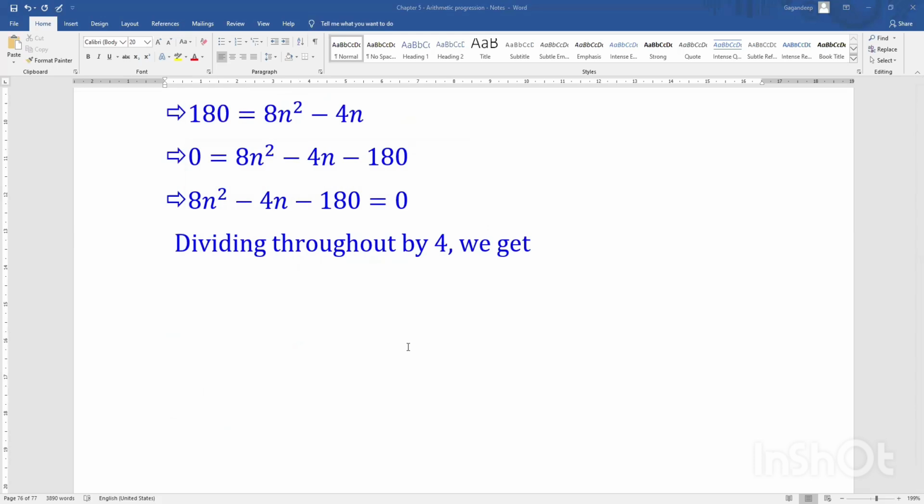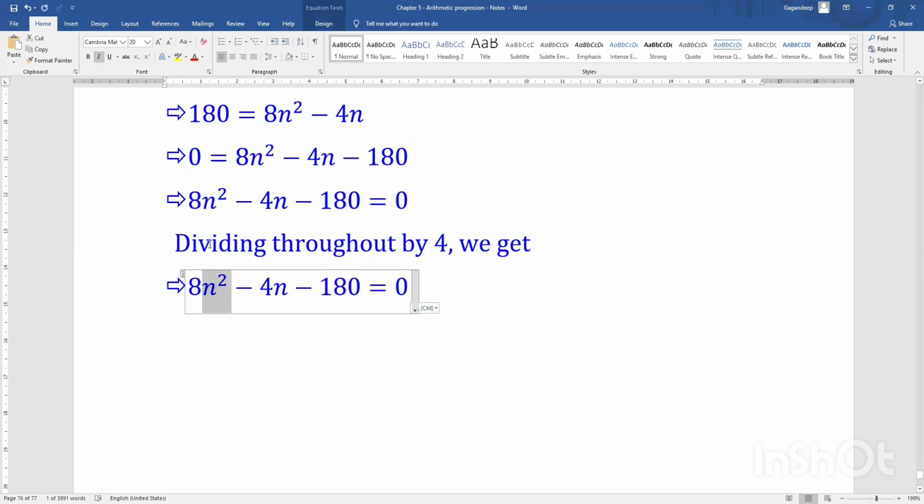So now let me show you how it is done. I divide it, or I write it as, here 8 will become 2, because 8 divided by 4 is 2.